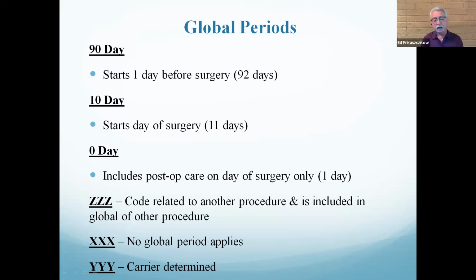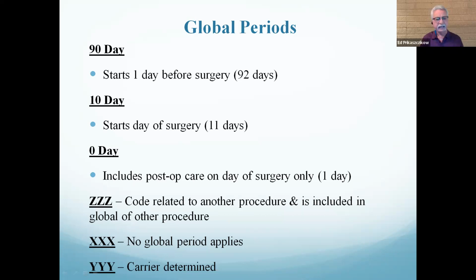A lot of times we'll see these other designations for global periods like the ZZC, and that means that code is related to another procedure. And typically we think of the add-on codes that they're related to the main code, and so their global is going to be what the main global is. And the XXX has no global periods.